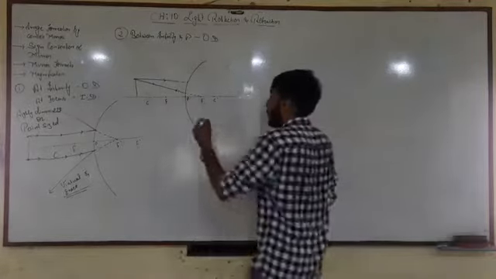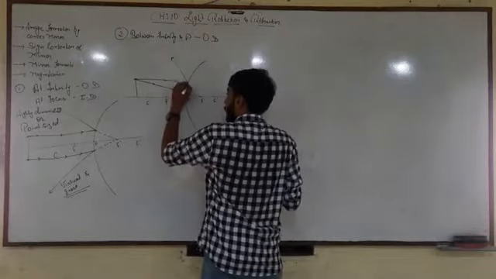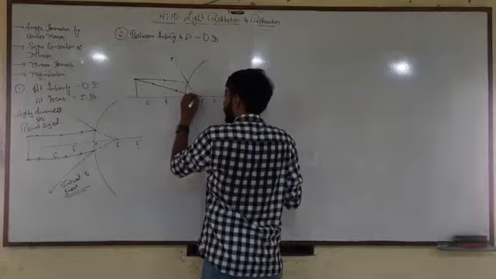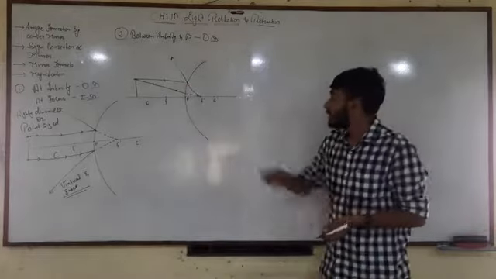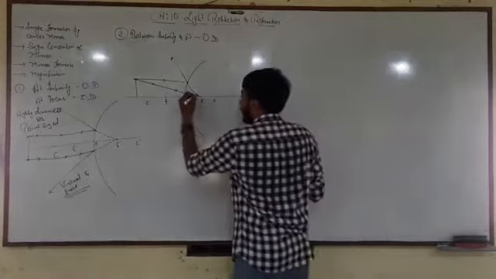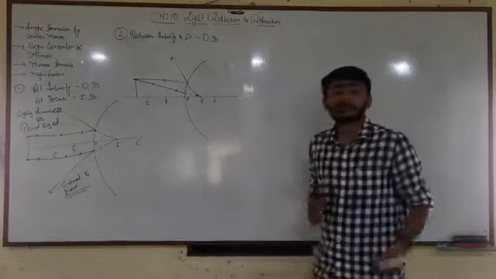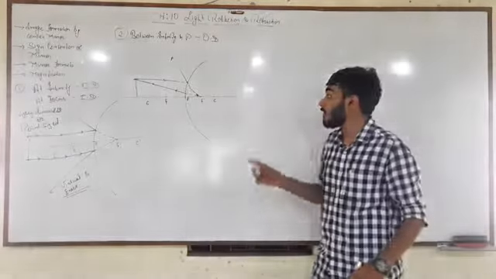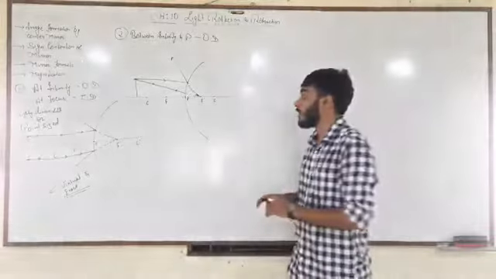So now this ray goes back over here, and so we can draw an imaginary line. Here you can see that there is this small distance over here, and that is the image formation where both the rays are intersecting.